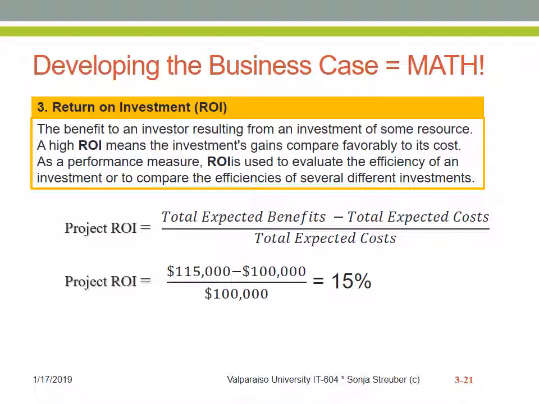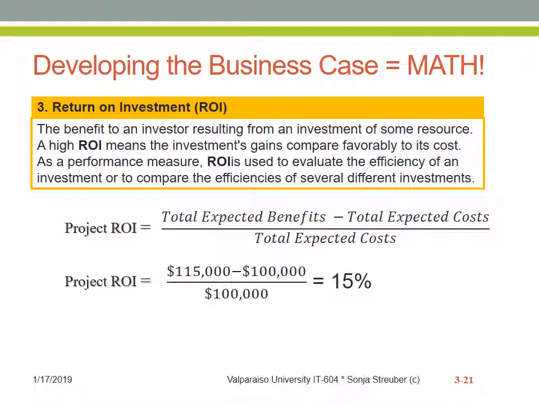So for example, if we are expecting the result or service of a project to make $115,000 over its lifetime that it is deployed, we have to subtract the initial investment into the making of this project outcome or result itself, which would be, in our example, $100,000.